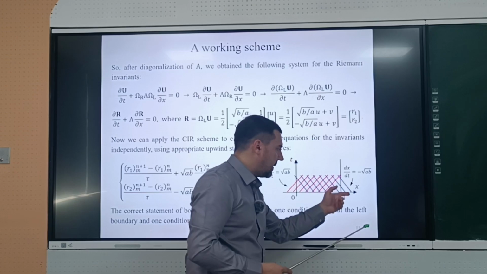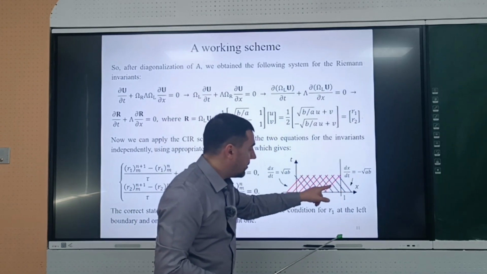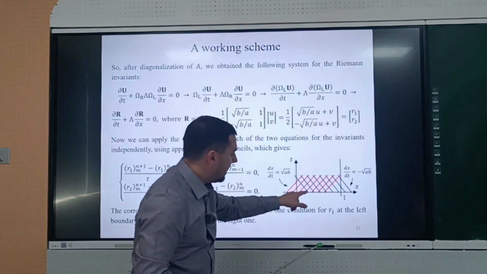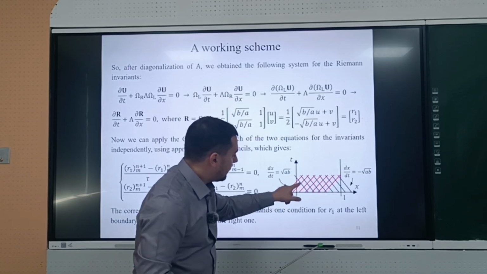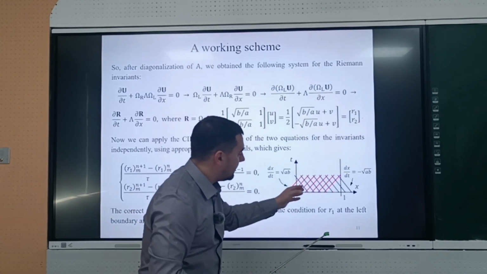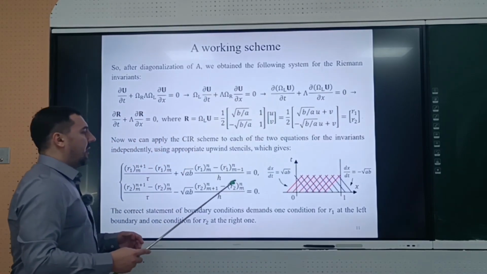It means that we should specify the boundary condition for R2 at the right boundary, and we do not need to specify any conditions for R2 on the left boundary, because the information along this characteristic comes from inside of our computational domain to the left boundary.